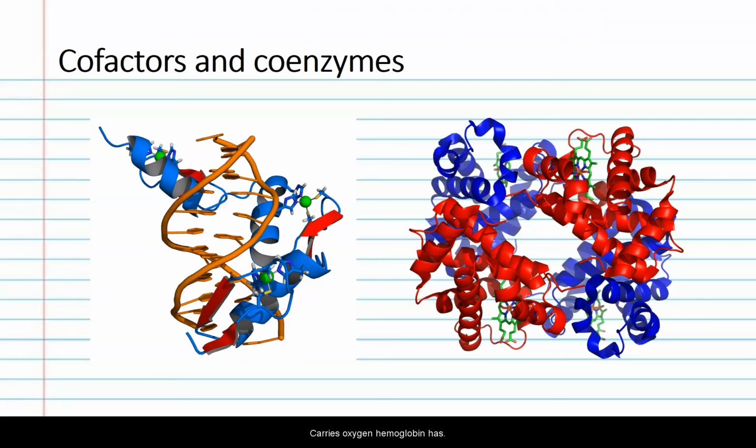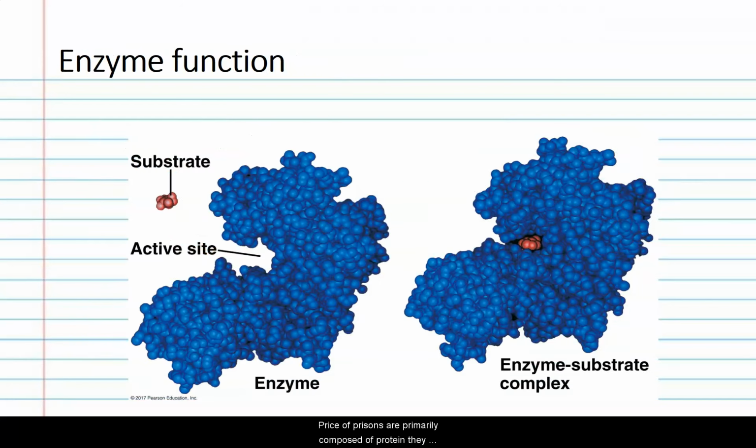Hemoglobin has heme groups present in the protein that allow it to bind to that oxygen. The function of that protein depends on that coenzyme, right? Coenzymes are organic cofactors. All right, so enzymes are primarily composed of protein. They may have cofactors or coenzymes associated with them.